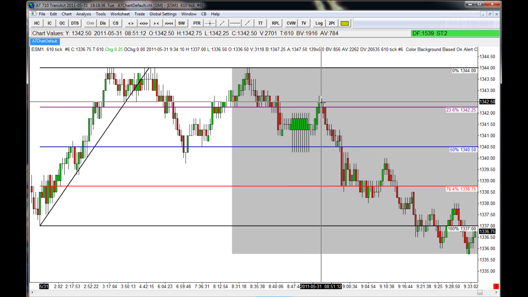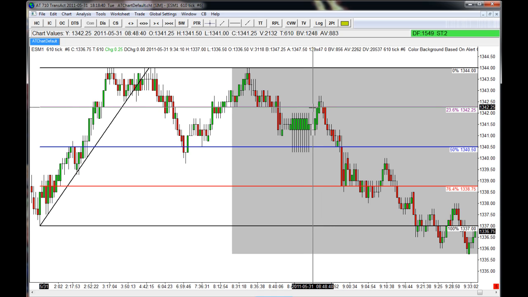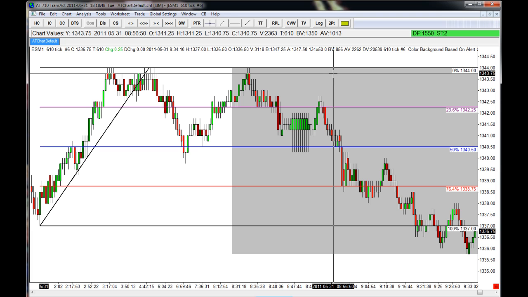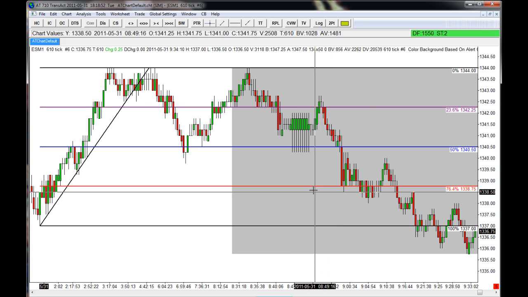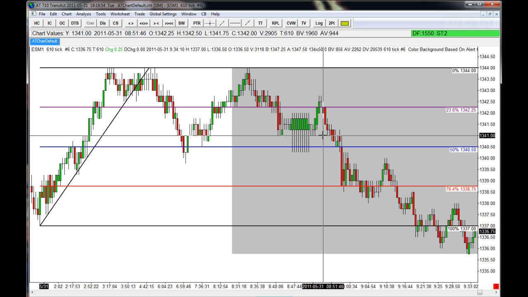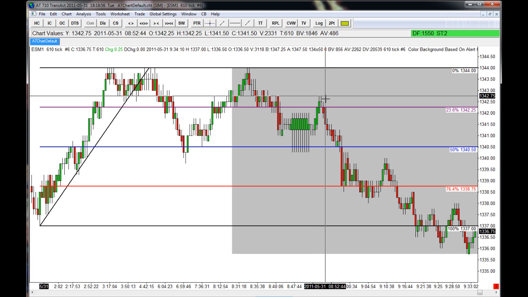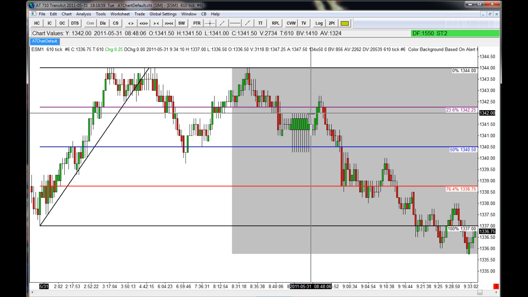If you're trading multiple lots, then you're going to place the first target at 23.6% and your second target 1 tick below, or front run the 0% level by a tick. Once the first target is hit, you move your stop loss to break even, or break even plus 1, and you let the price go wherever it wants to go.